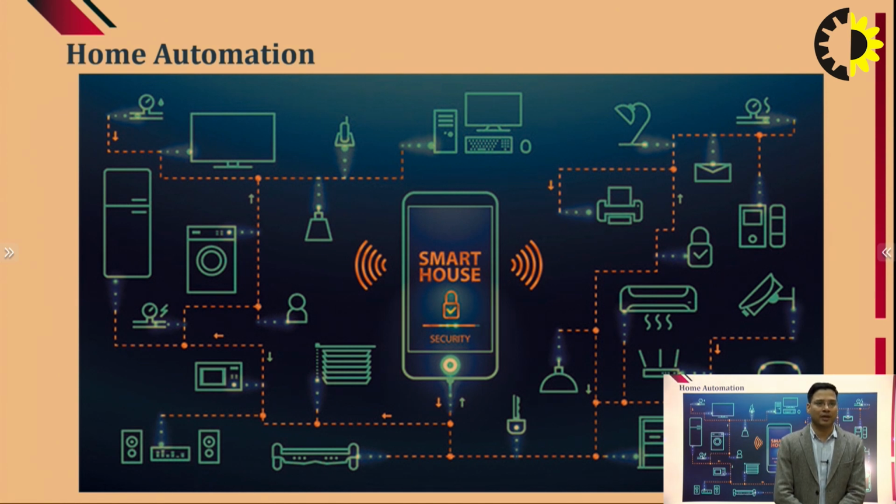We have ovens which can communicate over mobile phones, so that without getting physically involved in the operation of these microwave ovens, we can control them with apps on the mobile phone itself. Nowadays we have smart gadgets which can be controlled with voice commands to control all the lights or the operation of electrical fans. They all come into the category of home automation.